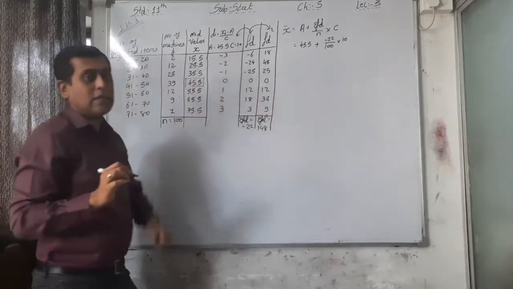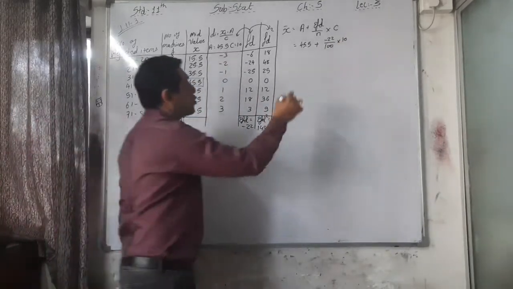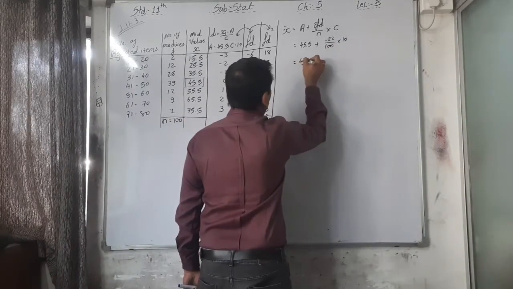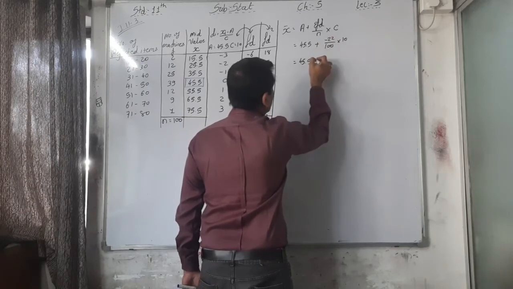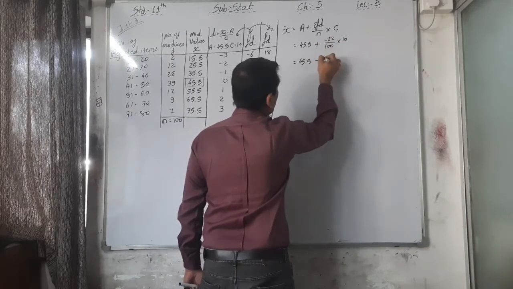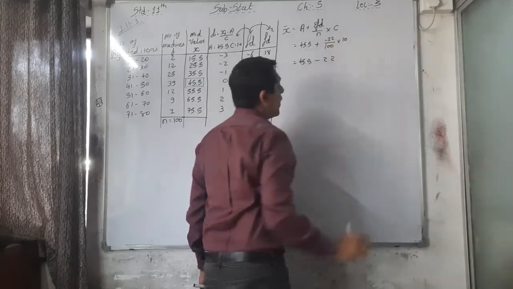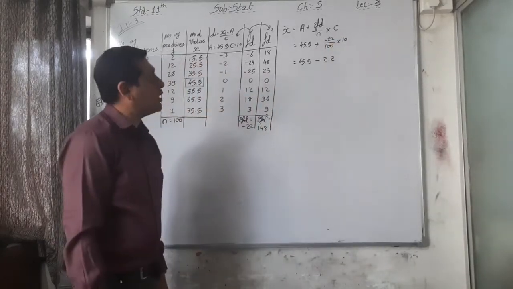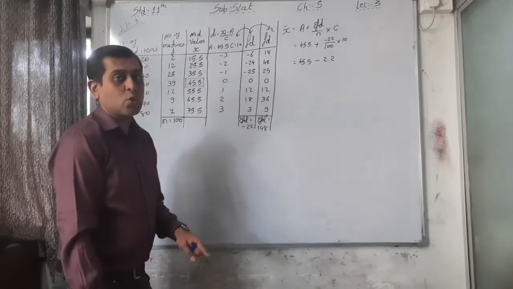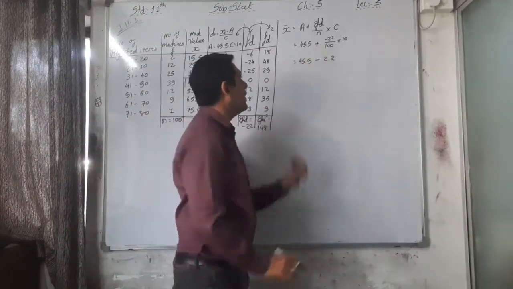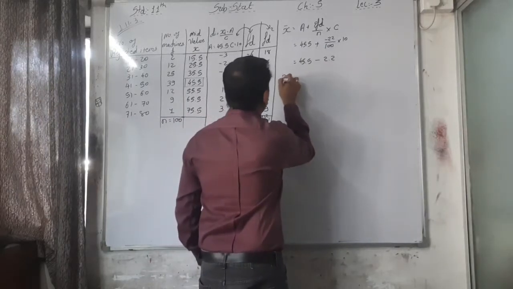The class length is 10. Okay, so here 0 0 cancel, that's why 45.5 plus minus 22 into 10 is minus 220, divided by 100, that is minus 2.2, and plus minus.